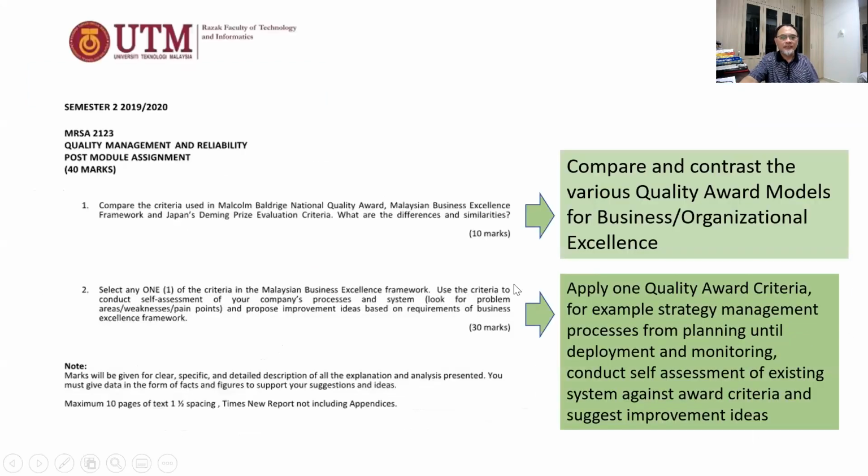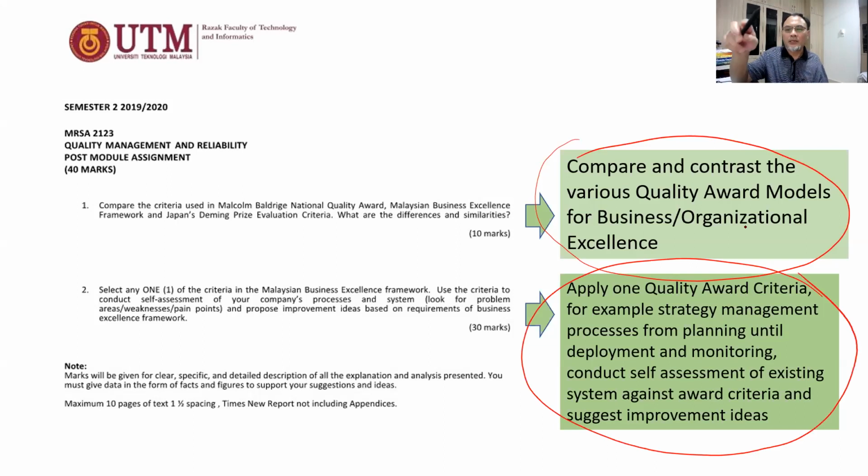And another one which was quite recent, okay, this is the second one. So this is a much smaller, narrower scope, but it is organizational, company based. First, compare and contrast the various quality work models for business and organizational excellence. I have to credit Dr. Rijal also for helping me doing this together.